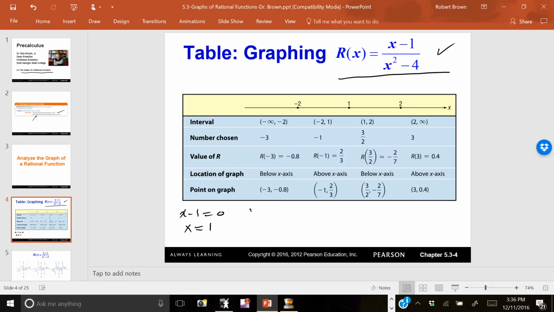The vertical asymptotes are when x squared minus 4 equals 0, or x plus 2, x minus 2 equals 0, which means that the vertical asymptotes are x equals minus 2 and x equals 2. The horizontal asymptote will be y equals 0.